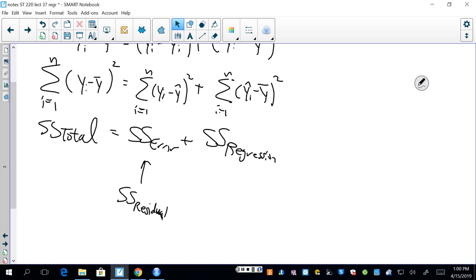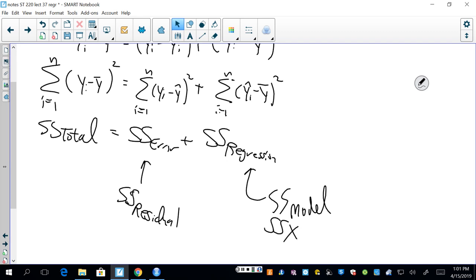This says residual. Sum of squares regression is sometimes called sum of squares due to the model. And in some software packages like R, they'll put the x variable name there, so maybe I'll call it sum of squares x. We could call it different things.